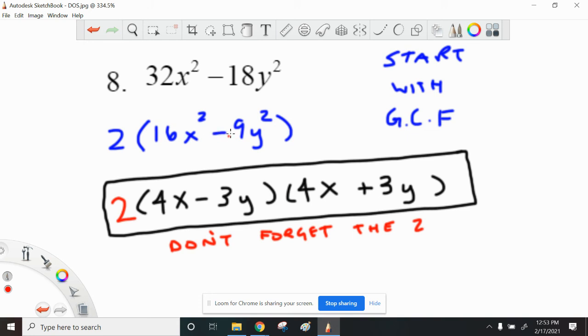For the first 2 weeks, what we're doing is factoring. And when it comes to factoring, you're trying to start with number 8, 32x squared minus 18y squared, and by the time you get to the bottom, you're trying to have the same exact thing. I know that's weird because it looks different, but mathematically, this is the same exact thing as this.